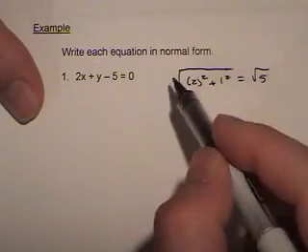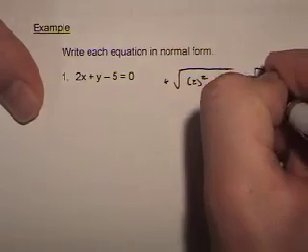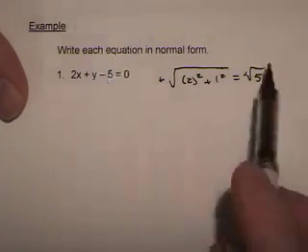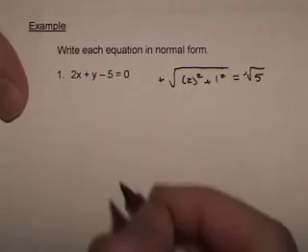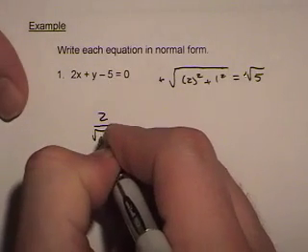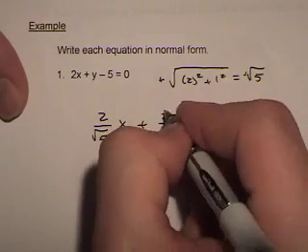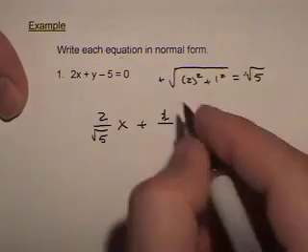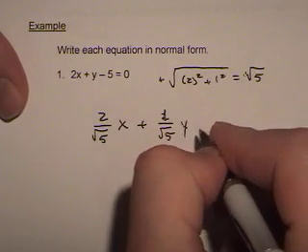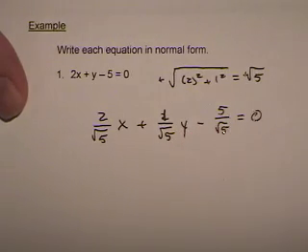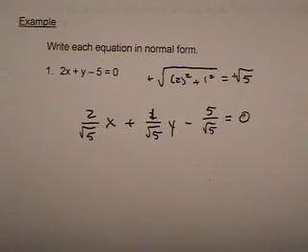Well, c is negative, so these are going to be plus. So I'm going to divide through by this square root of a squared plus b squared. So it'll be 2 divided by rad 5 x plus 1 divided by rad 5 y minus 5 divided by rad 5. Make sure you divide every term by that.